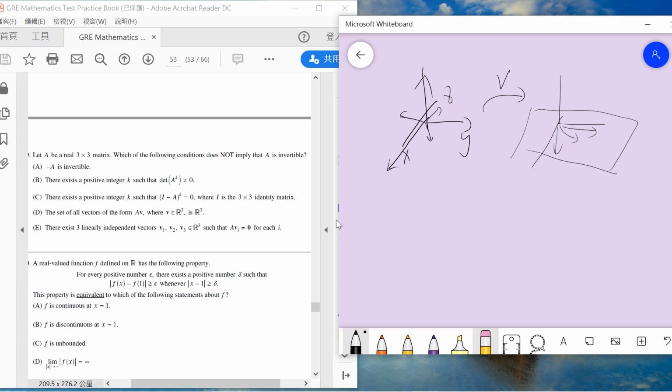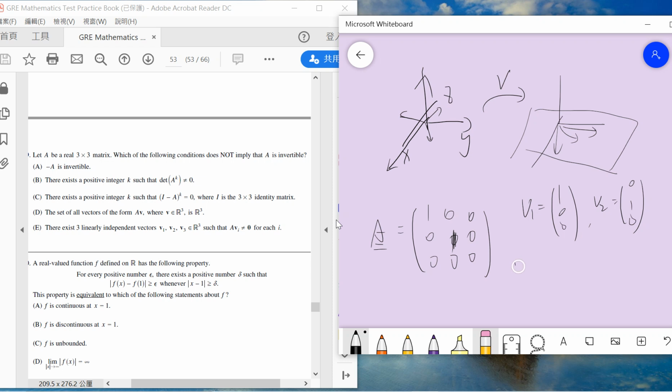So basically, the easy way is maybe I can write A as 1 1 0, 0 1 0, 0 0 0. So basically, A just projects onto the first 2 dimensions. I choose V1 to be 1 0 0, and V2 to be 0 1 0. So AV1 is 1 0 0, AV2 is 0 1 0. But for any vector combination, the projection is still non-zero.